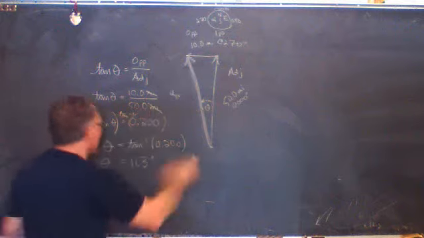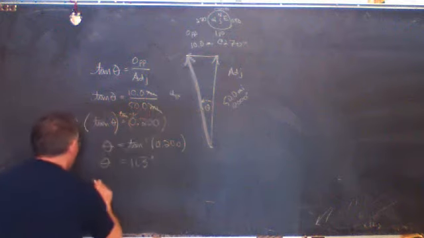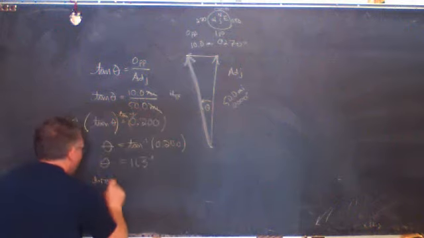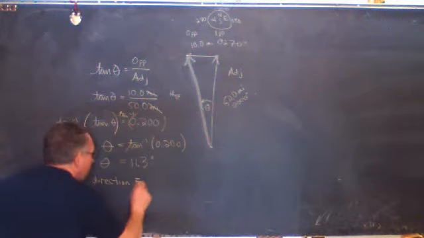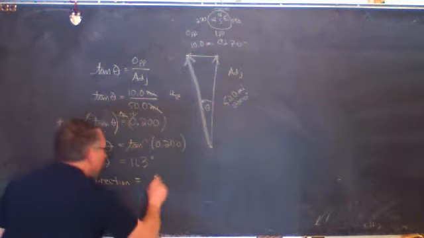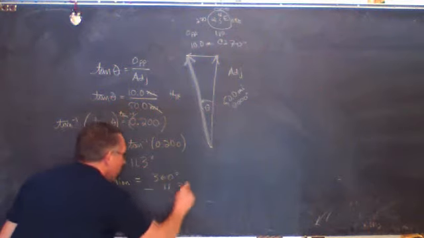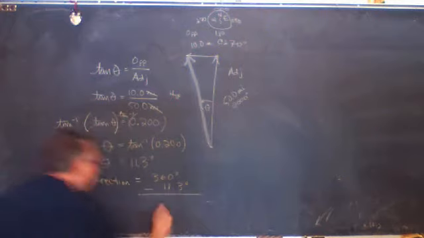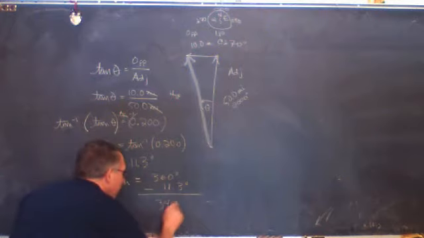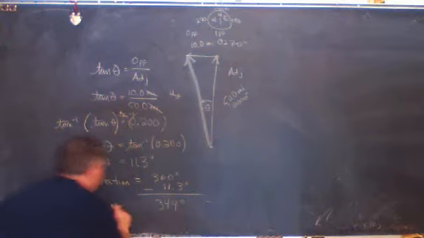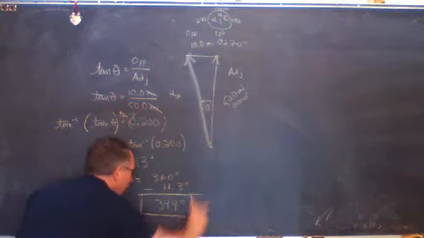And so for my direction, the direction that the car has gone is 360 degrees minus 11.3 degrees. That gives me 349 degrees, the direction of my resultant vector.